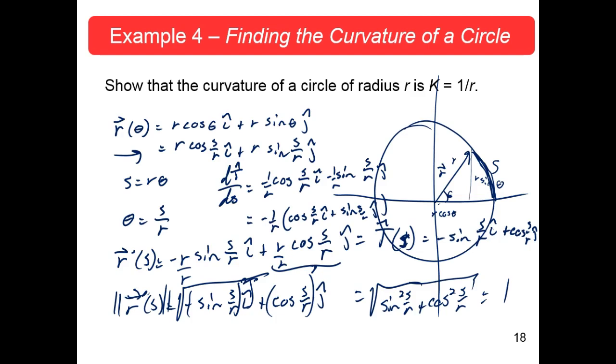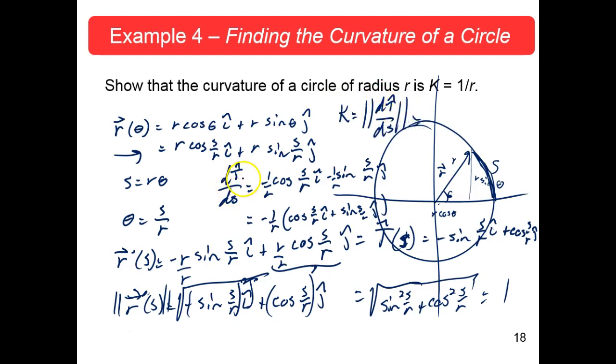We just did T prime of s. Okay. That's what that is. The magnitude of that, that's what we're looking for. The curvature is the magnitude of dT ds.